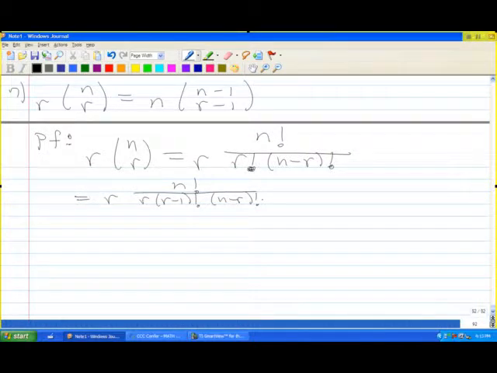By definition of factorial, the r's cancel. So this is just equal to n factorial, which I can write as n times n minus 1 factorial, over r minus 1 factorial, n minus r factorial.